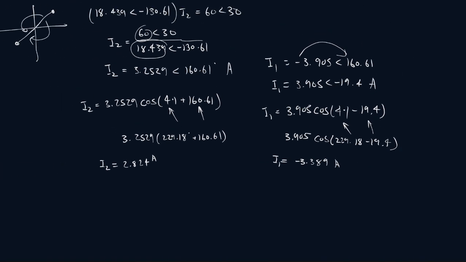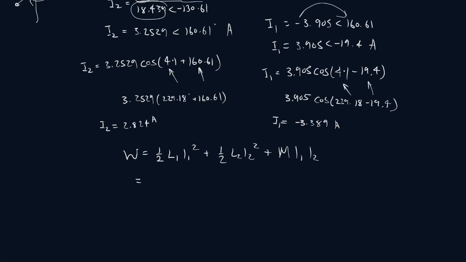Now, the formula for energy is pretty much 1 over 2, the first inductance value times I1 squared, plus the second inductance value times I2 squared, plus the mutual inductance times I1 times I2. So you just plug everything inside here.